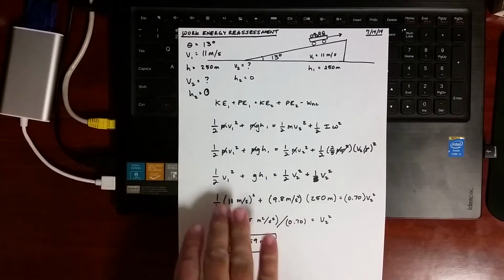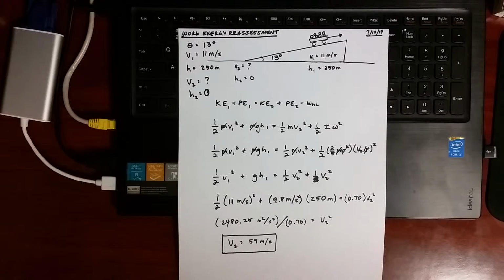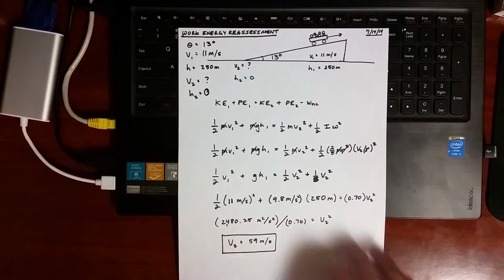Once we get down here, we have 1/2 v₁² plus gravity times the height, which is 250 meters, equals 1/2 v_final² plus, that's a 1/5 right there.